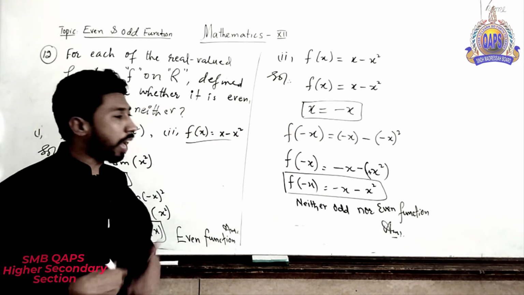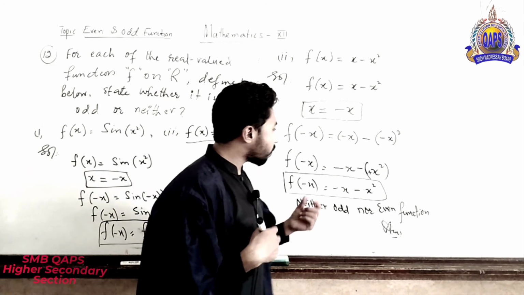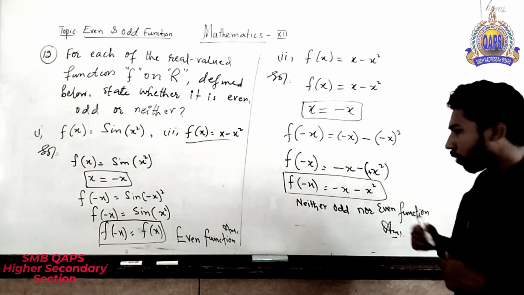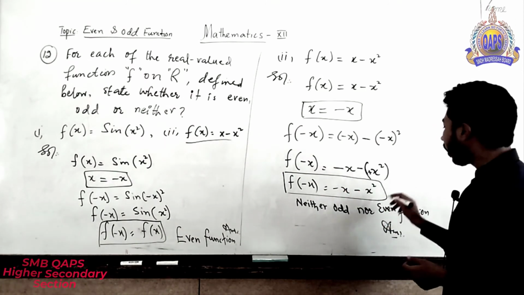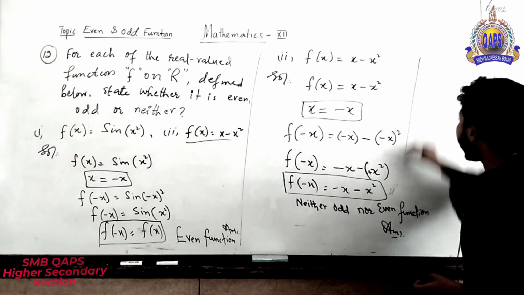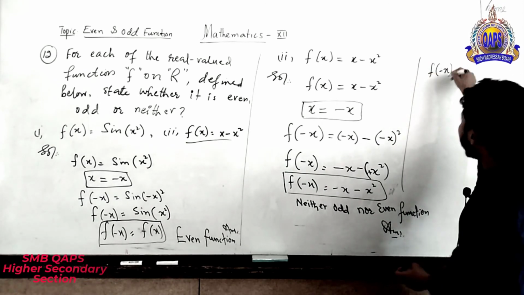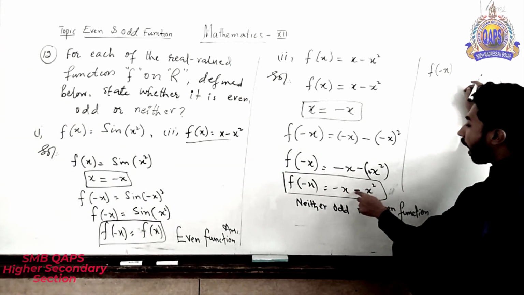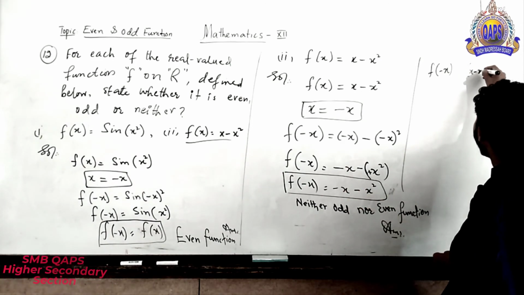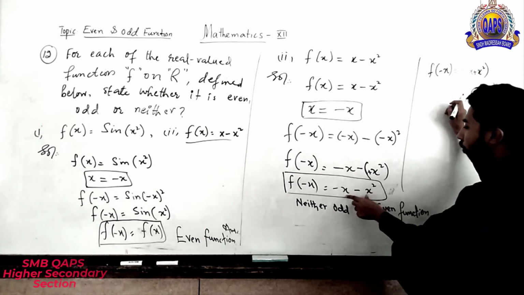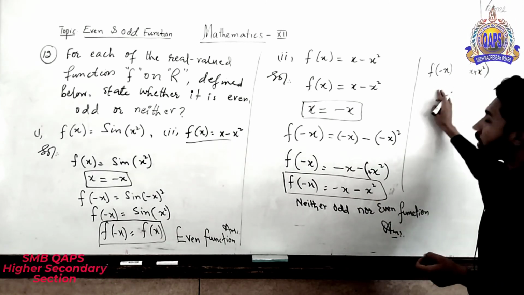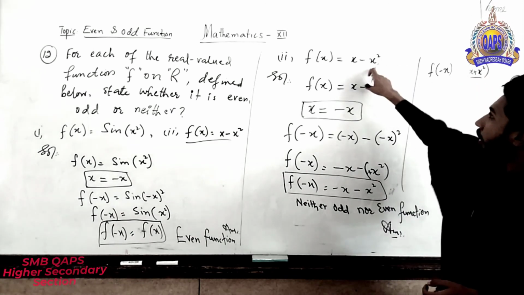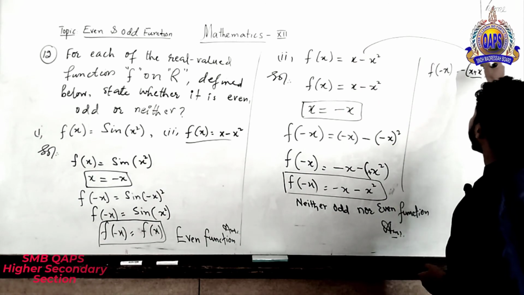Okay. Do you have any thinking about this function? Sir, can we take minus common here? If you take the negative sign common, let's suppose minus x, the negative sign is in both terms, and when we take it common, both terms are converted into the positive. So you can see whether this function is the same or not.